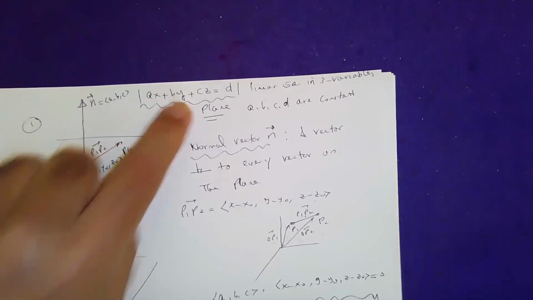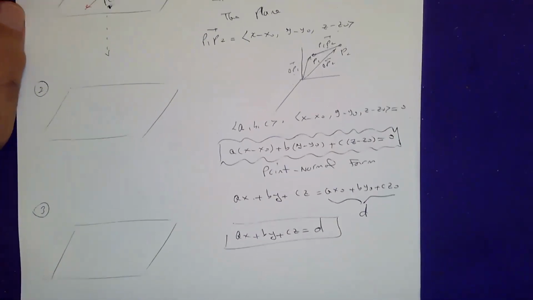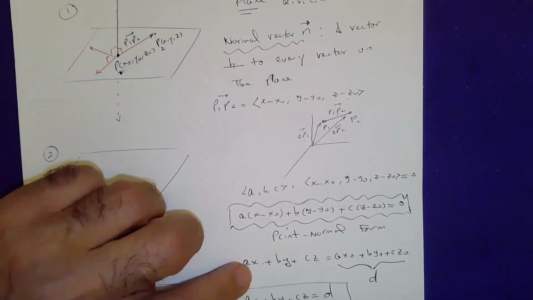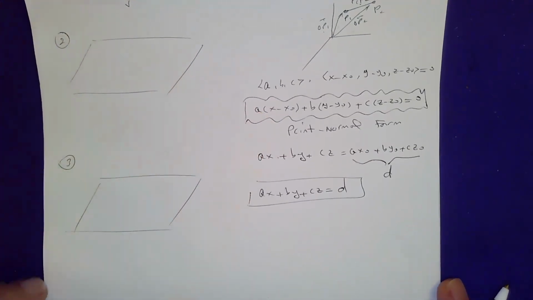So that's where this is coming from. Give me a normal vector to a plane and a point, and I can write the equation. Do you all see how the derivation goes?